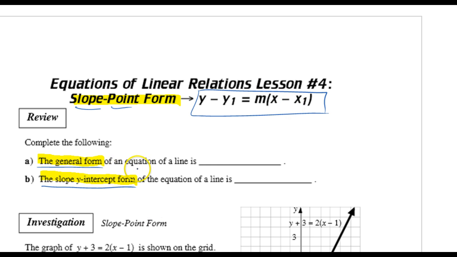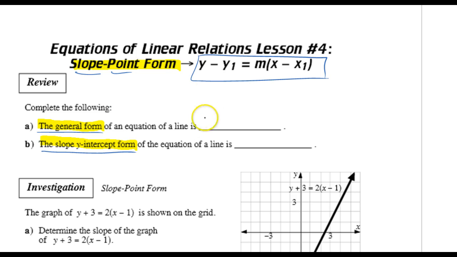The general form of the equation: you have some number a, and then your variable x, and then some number b, then your variable y, and finally plus a constant, which is your third number, and all of that equals 0.